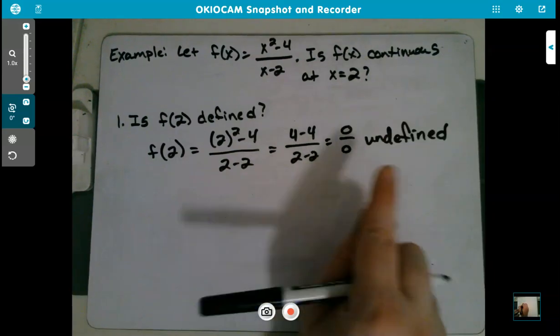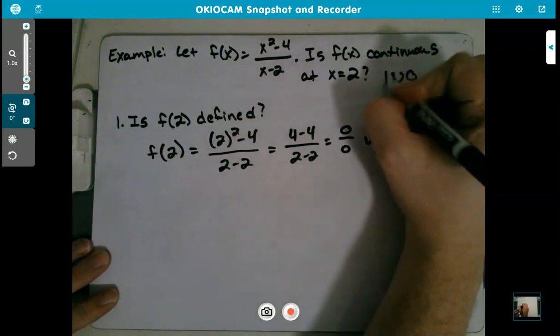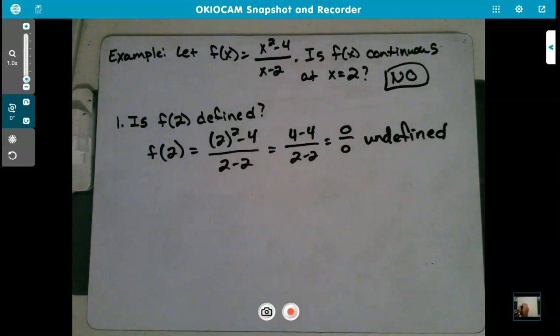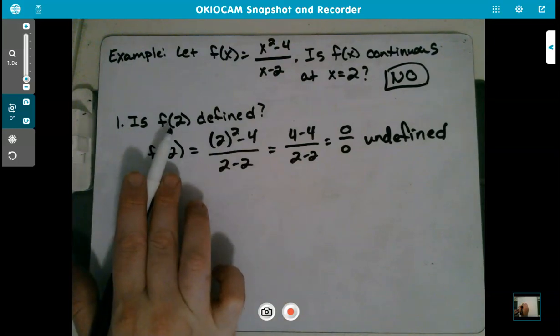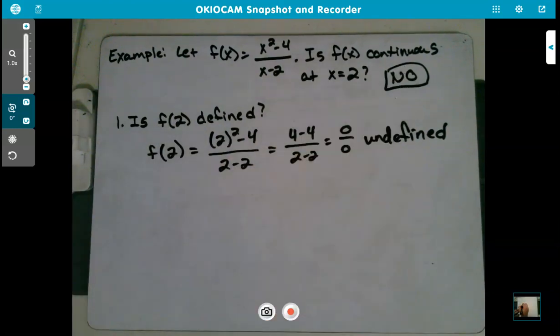So since f of 2 is undefined, the answer is no, because my first rule already did not hold true, right? Because it had to have been defined, which it's not. So the answer is no. Easy enough for that one because it already did not hold for the first one, so there wasn't really a whole lot that I had to do there. Let's do another example.